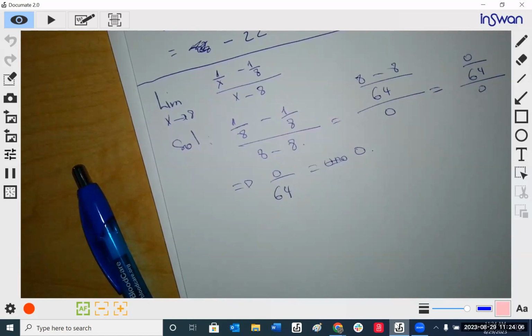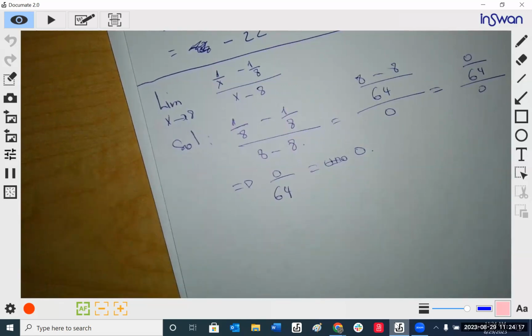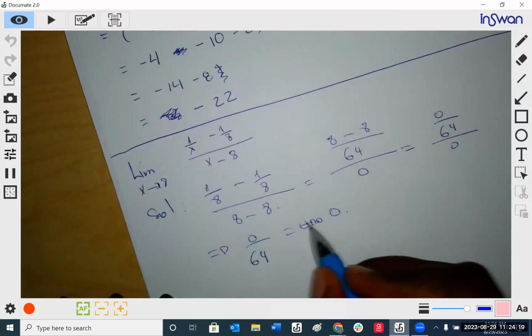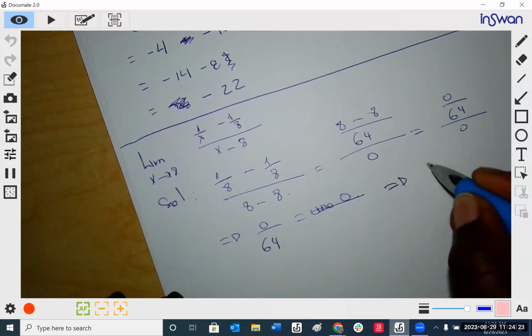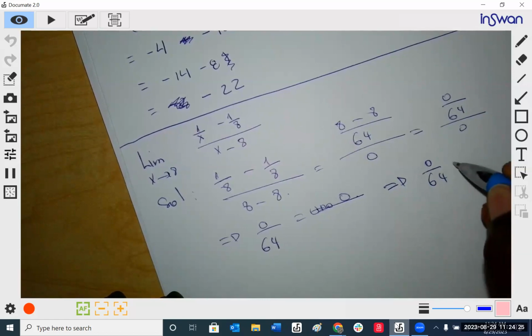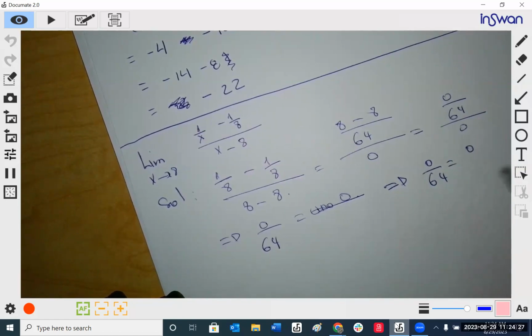Because you have two fractions here. You have the fraction on top, which is 0 divided by 64, divided by 0 on the bottom. You have to treat both of those separately. It's 0/0 now, because 0/64 is 0, and then that's over 0. That means something can be simplified here.